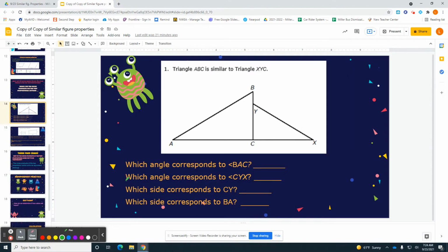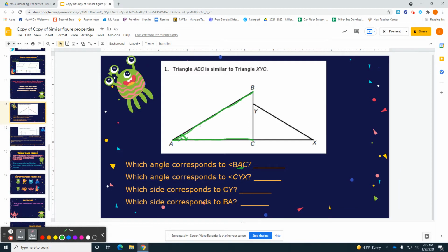So this triangle ABC is similar to triangle XYZ. Which angle corresponds to angle BAC? So we're looking at angle BAC. So that means we want to know the measurement for basically A. So we want to know this angle measurement here, or which corresponds to this one.